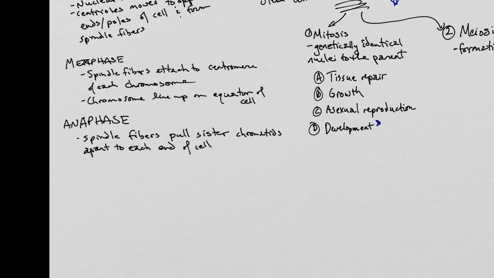All right, which gets to our last phase of mitosis, which is telophase. In telophase, the spindle fibers are gone. They go away. They dissolve. The chromosomes will decondense.